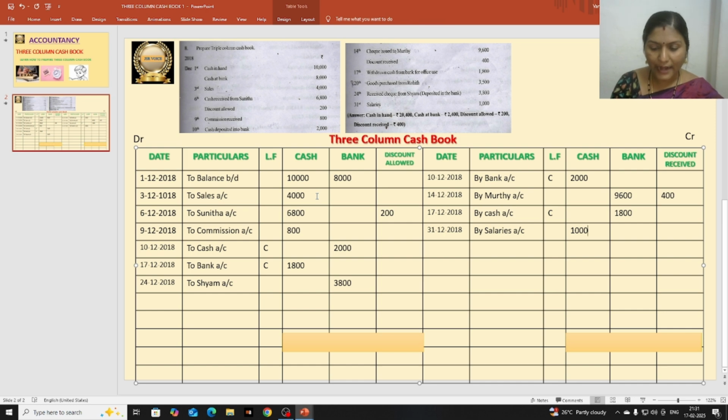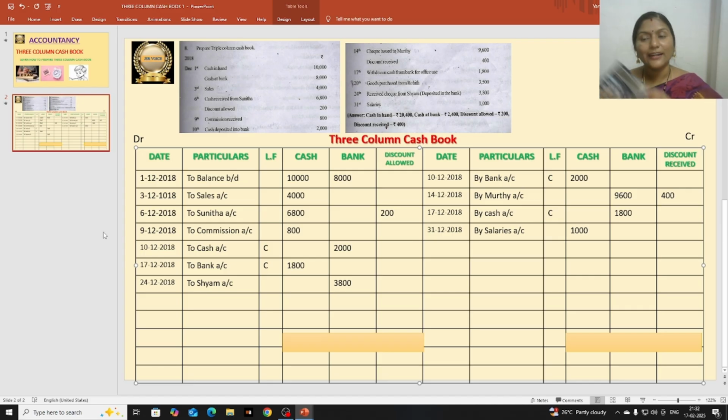Let us add all those and get the total. 10,000 plus 4,000 plus 6,800 plus 800 plus 1,800. So here the total is 23,400. 23,400 is the debit side amount. If you add all these debit side cash values, you will get 23,400, students.